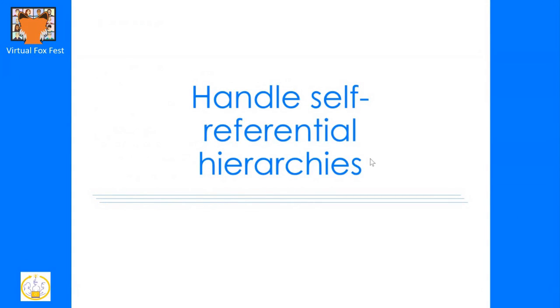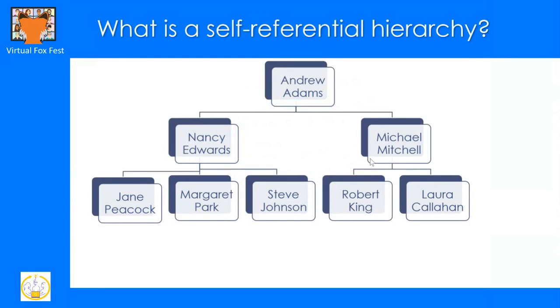Let's talk about self-referential hierarchies. What do I mean? In the database world, we work with hierarchies all the time. We're forever looking at invoices that have lines, and lines have products, and products have categories, and so on and so forth. But those are all different tables.